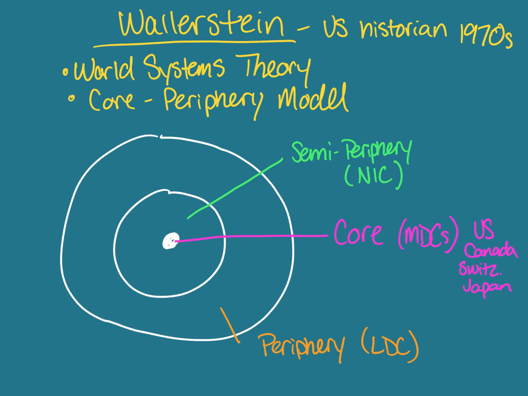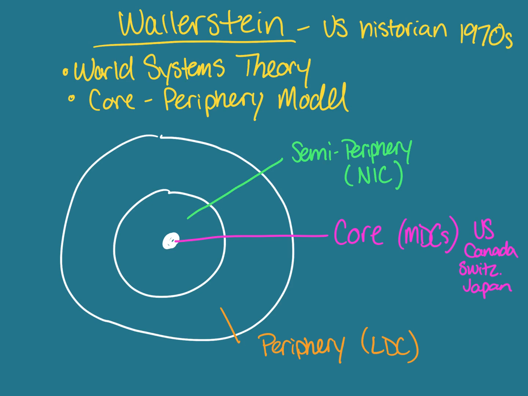They make their money off of mining, agriculture, farming, and fishing, and then they usually send those off to a factory in the semi-periphery. Then the semi-periphery usually sells that to the core countries. It's a continuous cycle of using each other. We call it exploitation. They take advantage of each other.